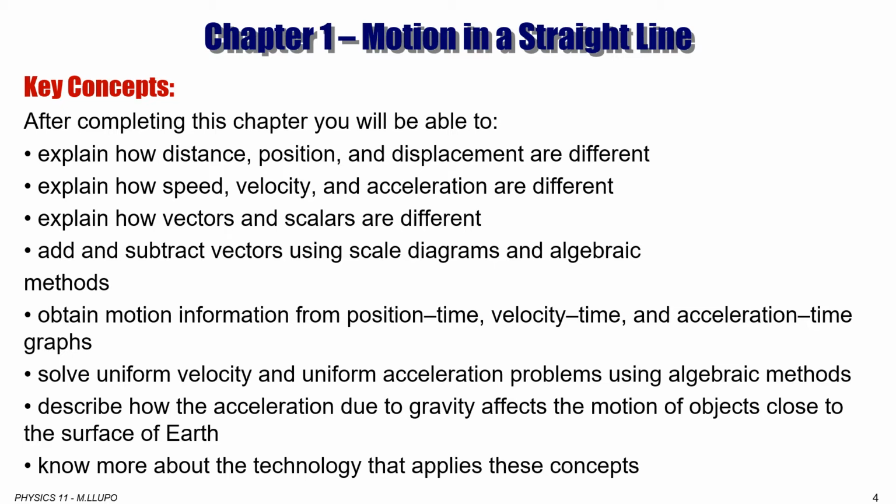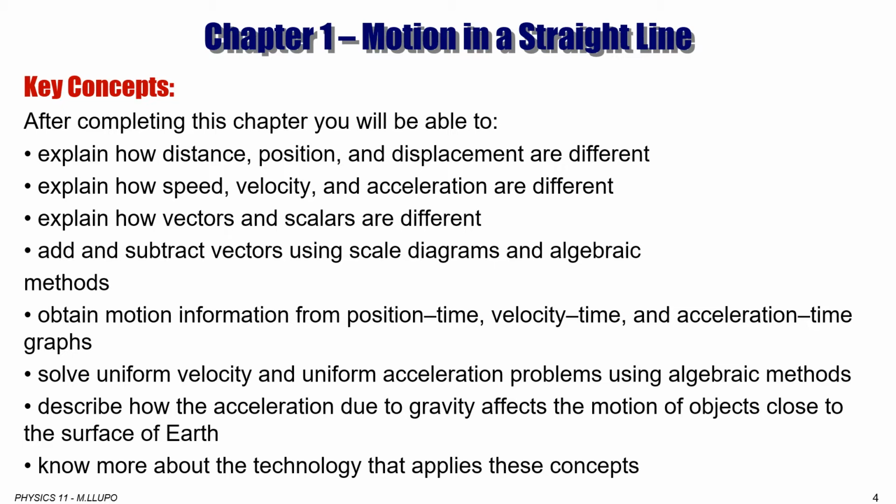Then we're going to continue with the speed, velocity, and acceleration, how they are different and how they are related. Obtain motion information from position time graph, velocity time graph, and acceleration time graph, and how can we derive one from the other.